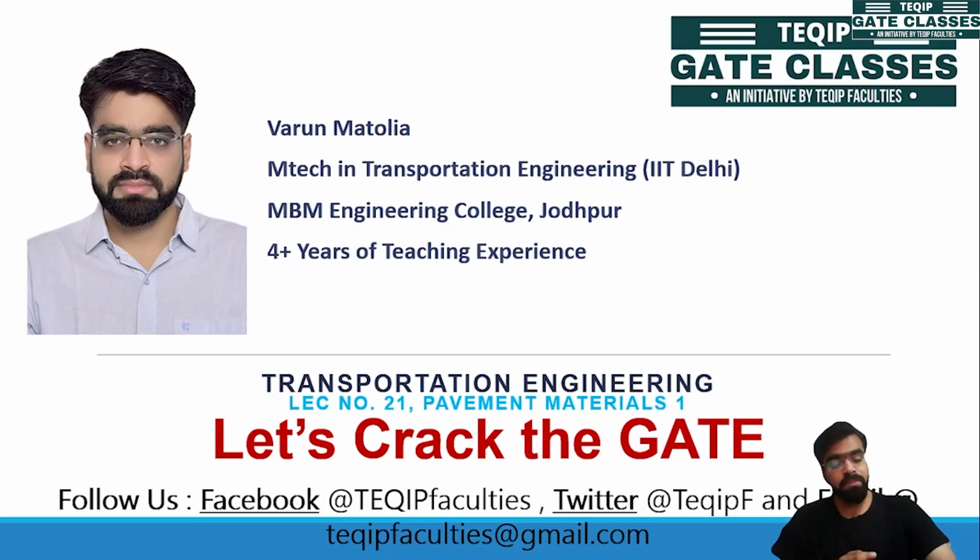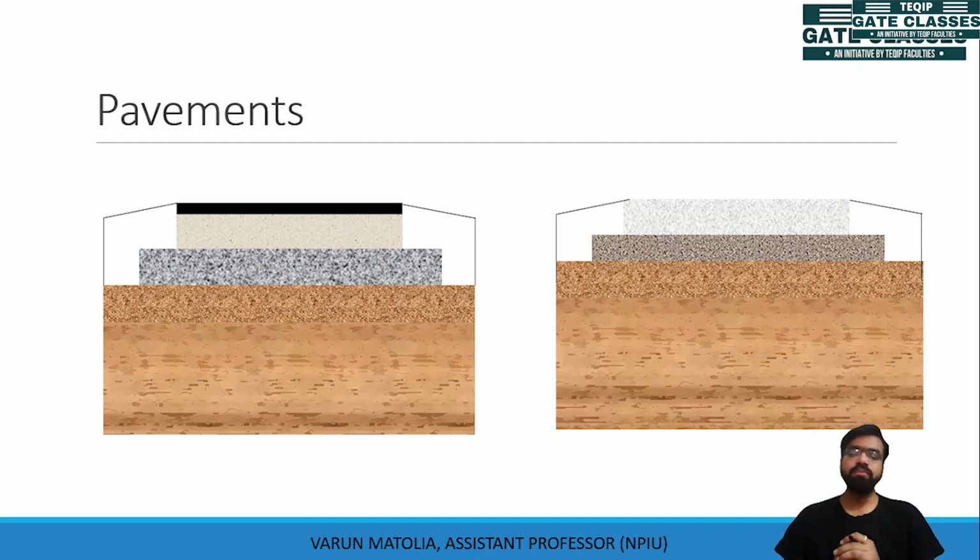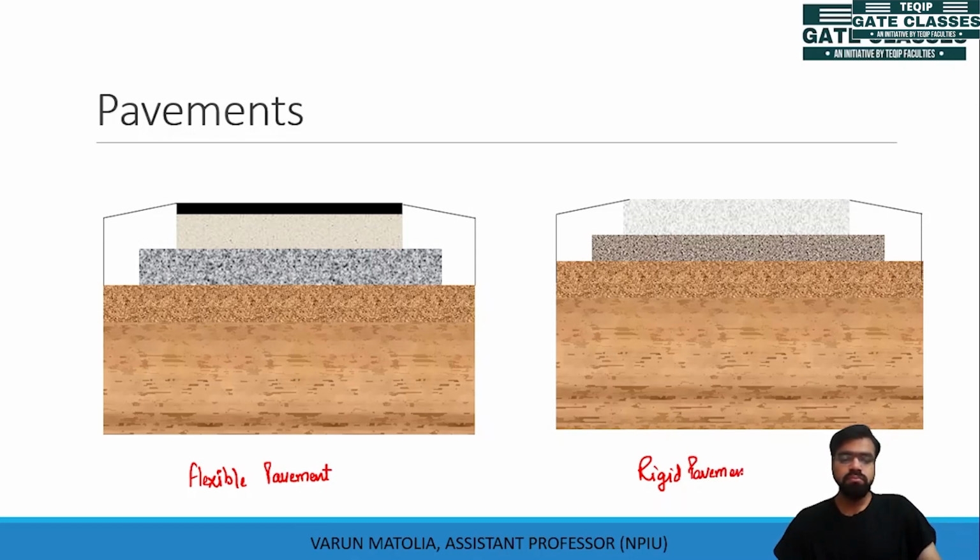So talking about the pavements, we have two types of pavement. One of which is known as your flexible pavement, and another one is your rigid pavement. A flexible pavement consists of a number of layers.